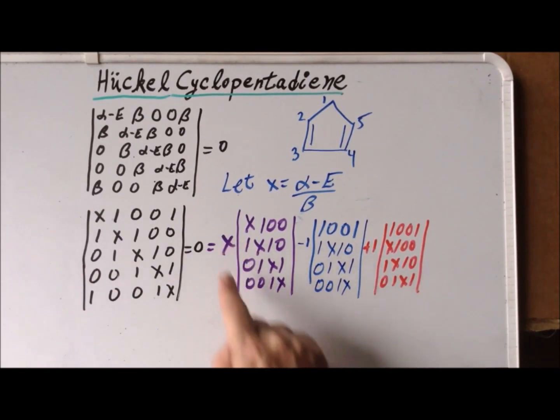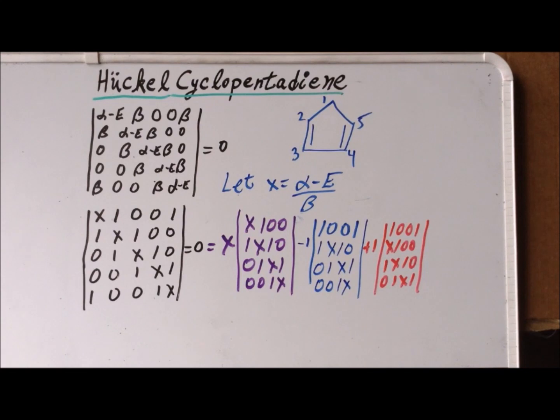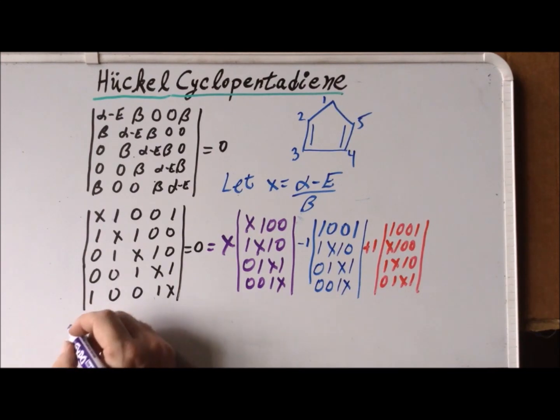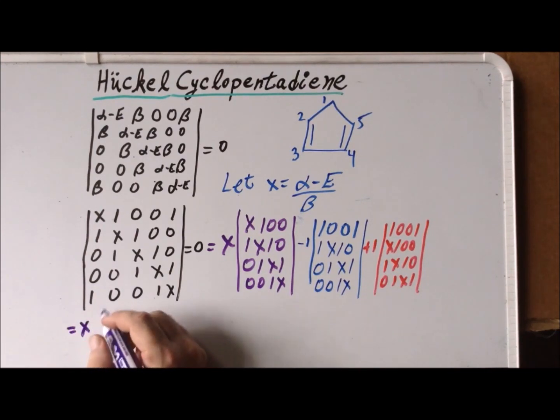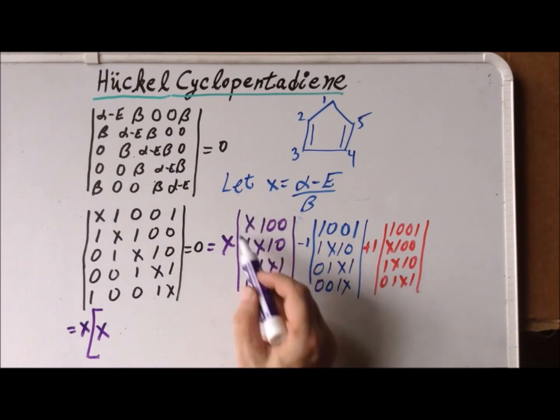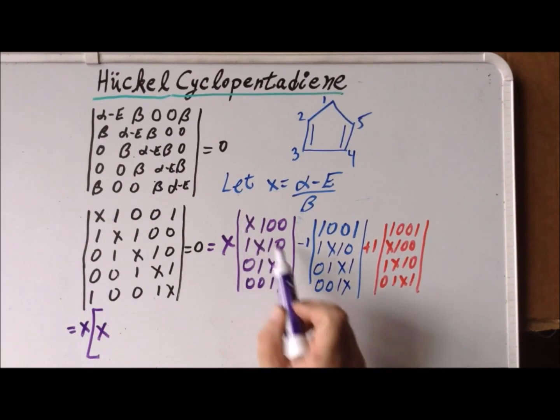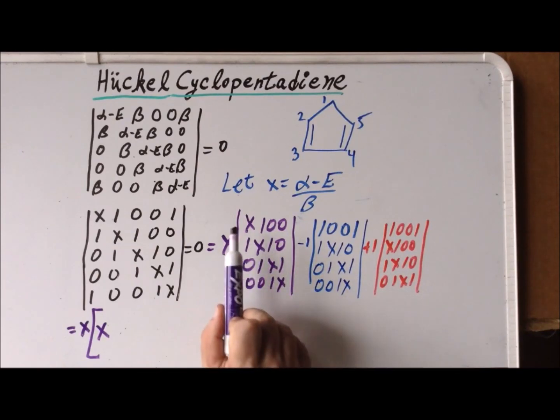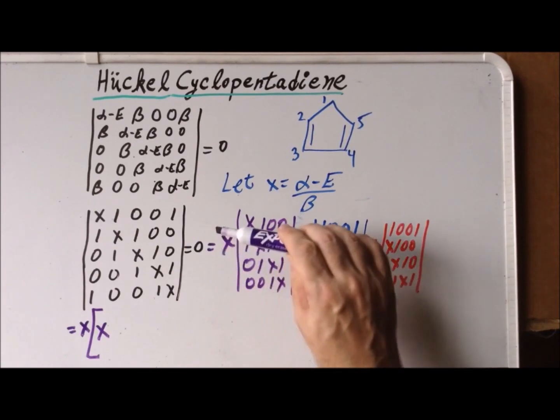Next, to evaluate the 4 by 4 determinants, we have to expand them as a series of 3 by 3 determinants, which gives the following terms. So again, x is going to be the first coefficient, and it multiplies the 3 by 3 determinant we get by removing the first row and the first column.